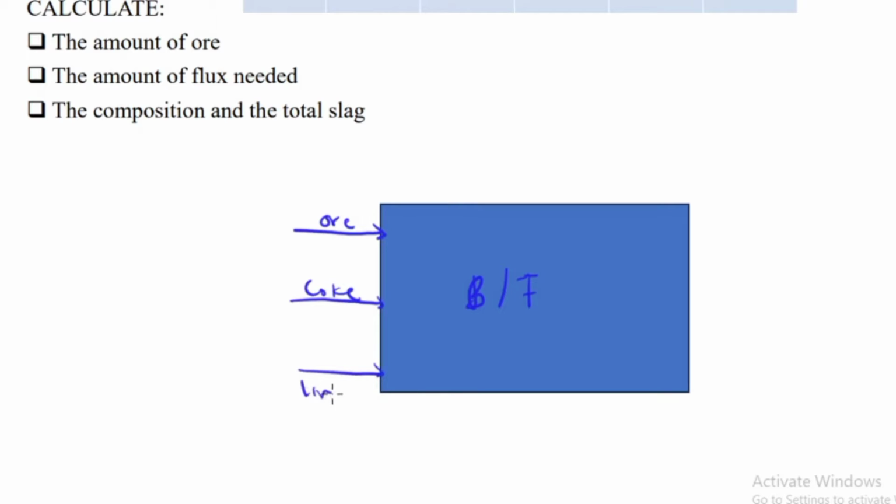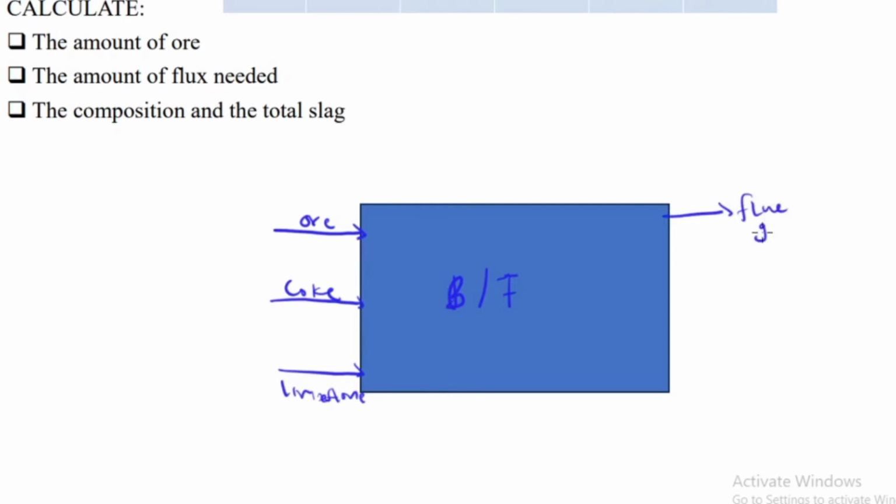In this case, the limestone is the flux. And then outside here, we have the flue gases, which was given to us. In the flue gas we have 26% carbon monoxide, 13% carbon dioxide, and 61% nitrogen gas. You need to indicate this.